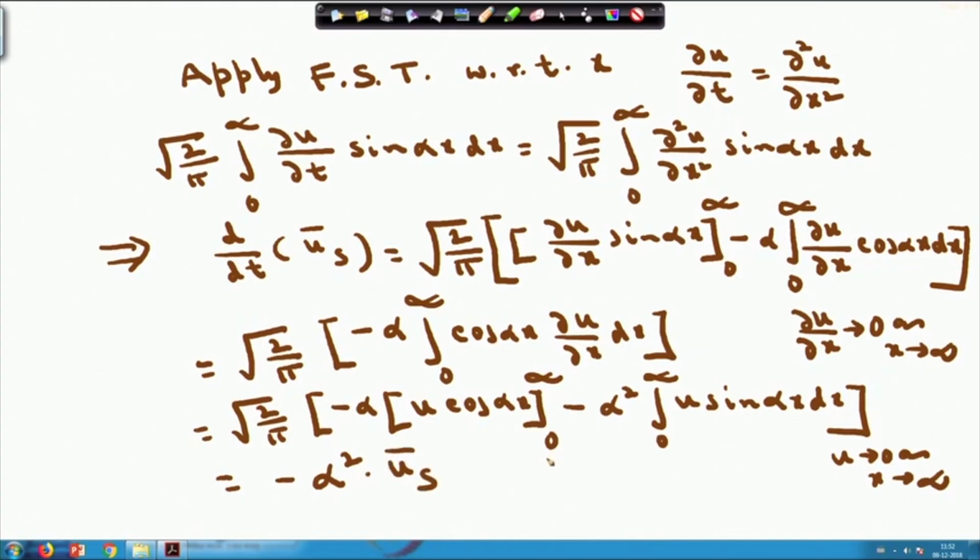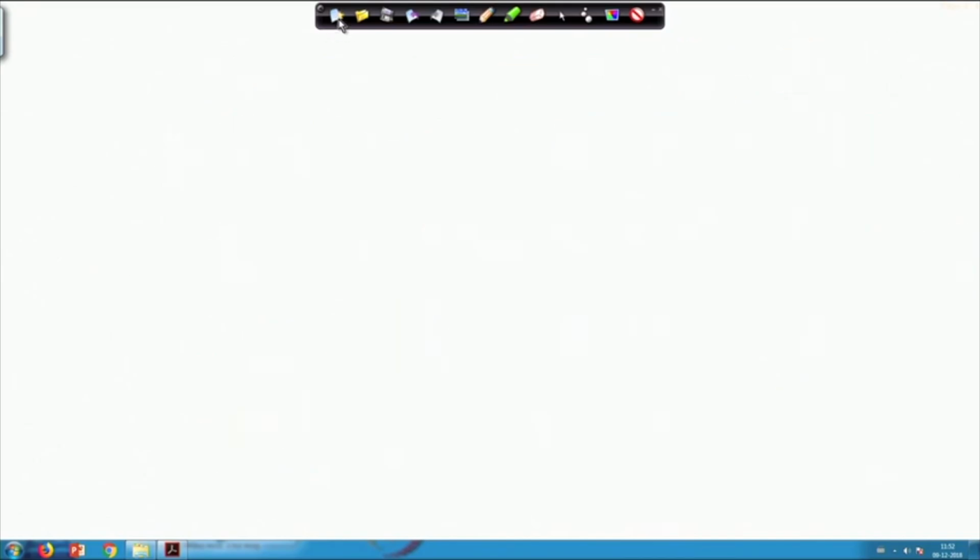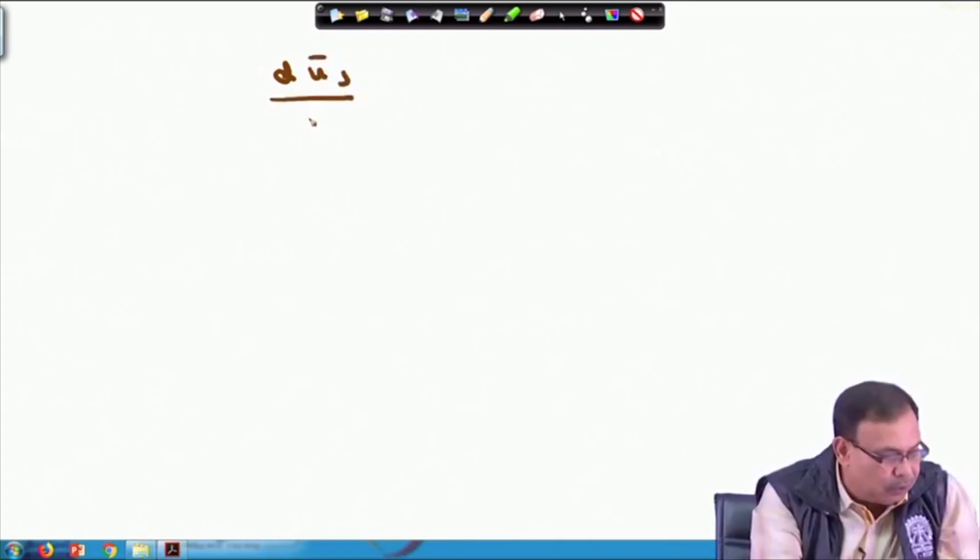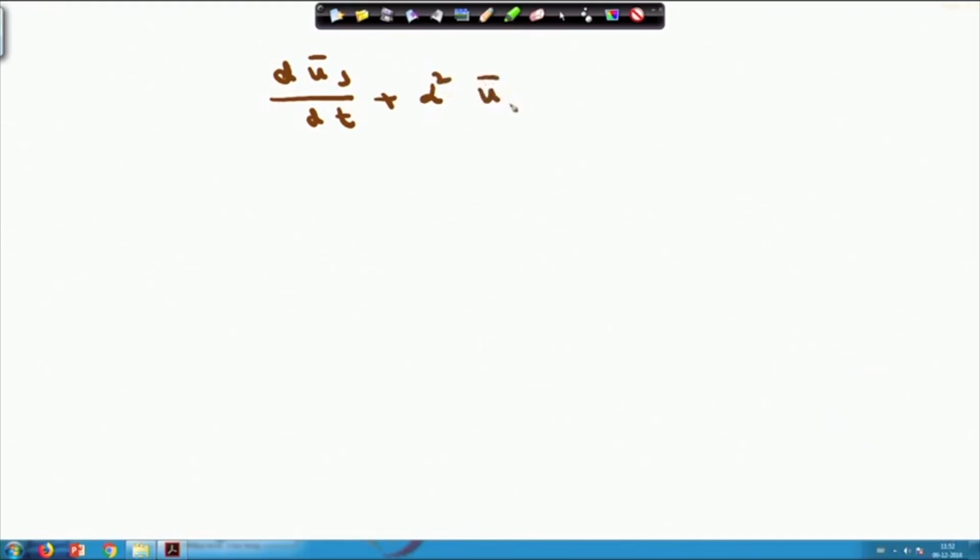Therefore, your partial differential equation is converted into an ordinary differential equation, which is d u bar s by dt plus alpha square u bar s equals 0.